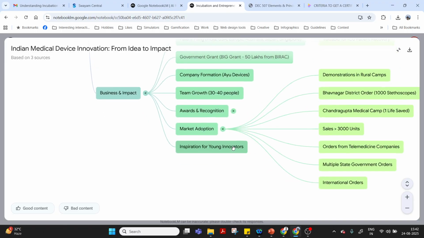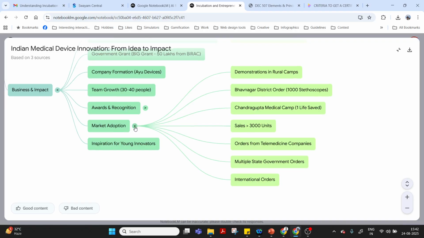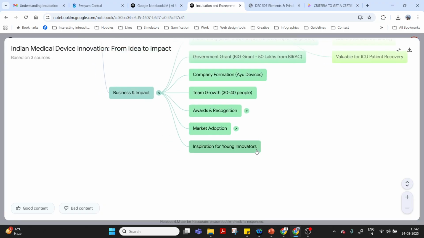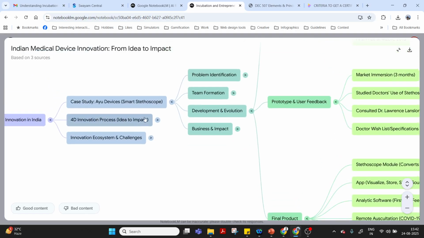And then you have market adoption, where for various different locations they delivered their products in different units, and they also started getting international orders. So we've seen the business and impact which it created.